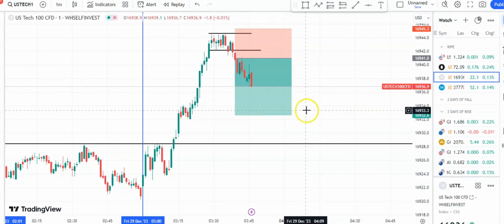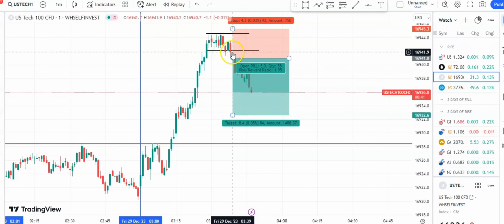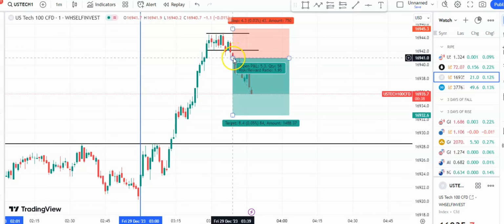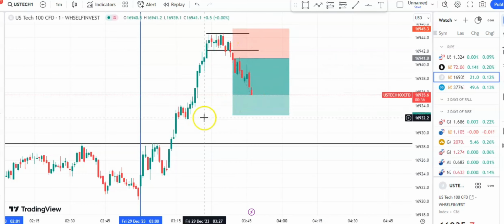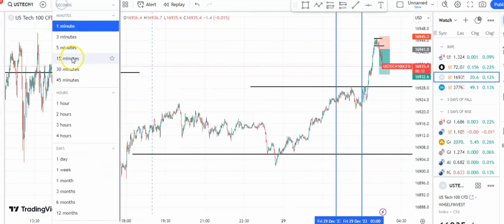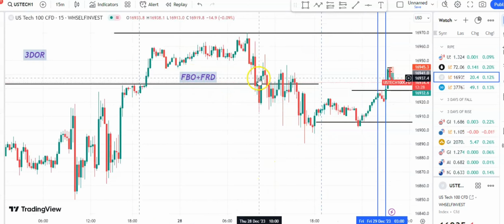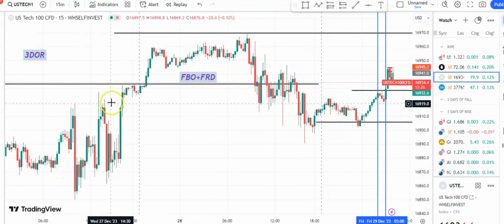Now, if we look at price action up here, we have price consolidating and then it broke structure, retested, and gave us an engulfment candle. So this was my entry, the trigger for my entry. Now, the reason why I took this trade, first of all, is because it has aligned itself with the signals. So if we look at yesterday, we have a failed breakout, a first trade day after 3 days of rise.